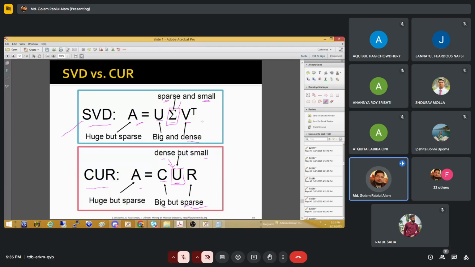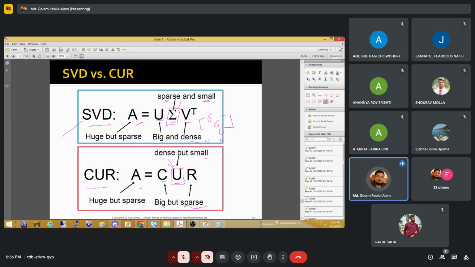In the case of SVD, what we get is a matrix with the singular values. Usually we name it sigma, the singular values. But there we may get many zeros, because it is based on the rank of the matrix.